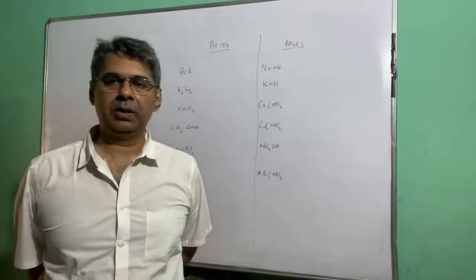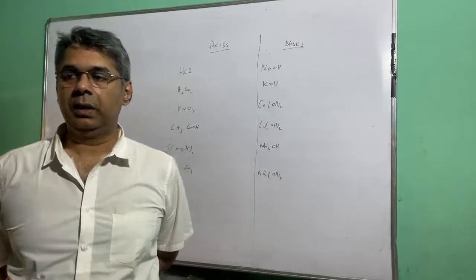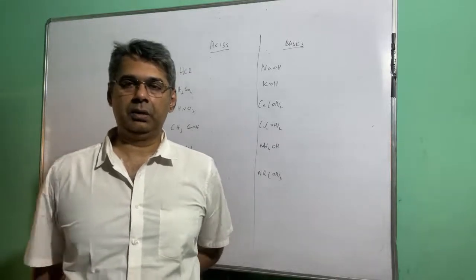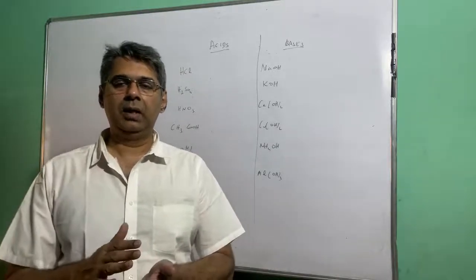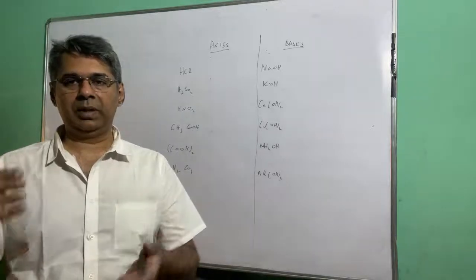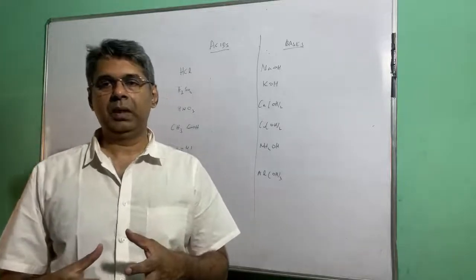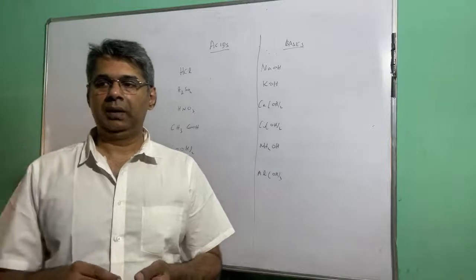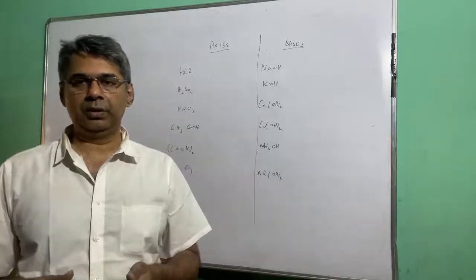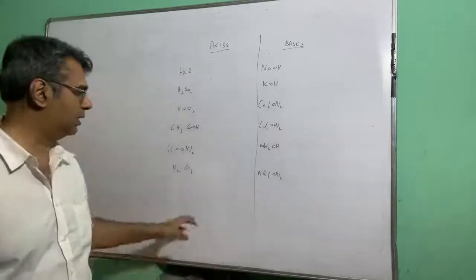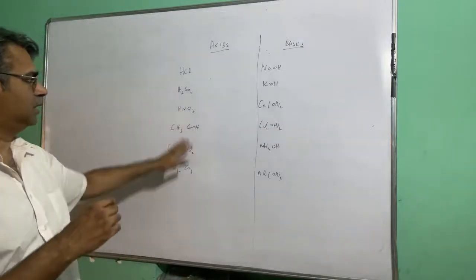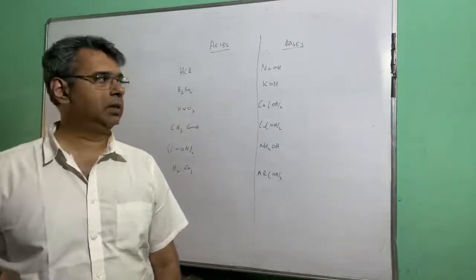That fizz is because of dissolved carbon dioxide. The soft drink bottle is sealed under high pressure, so carbon dioxide dissolves inside the soft drink, and when carbon dioxide goes into solution, you get carbonic acid, that is H2CO3. So these are the 6 acids on the left.